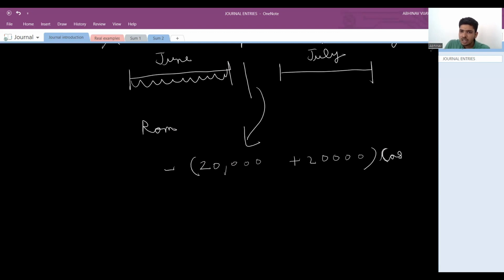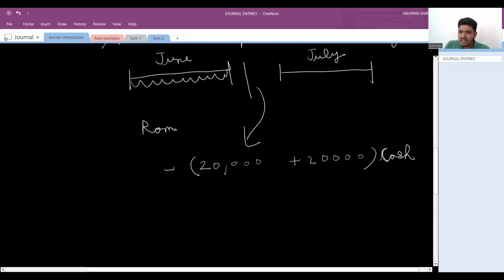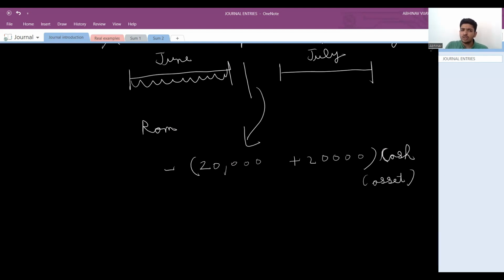Cash, keep it in mind, it's cash, like I told you, which is an asset, gets reduced from the business. This 20,000 pertains to June salary, this 20,000 pertains to July salary. So now what is the reason? Double entry system. You have to tell them the reason for this impact. First, we know the reason for this 20,000. This 20,000 is an expense. What expense? The name of the expense is salary.